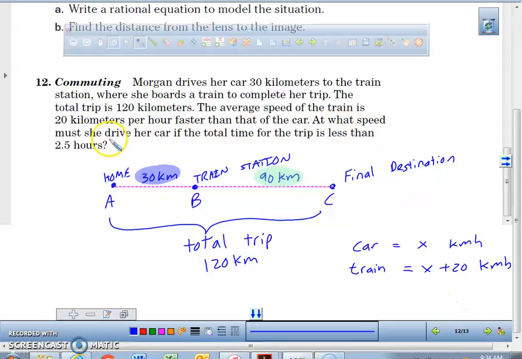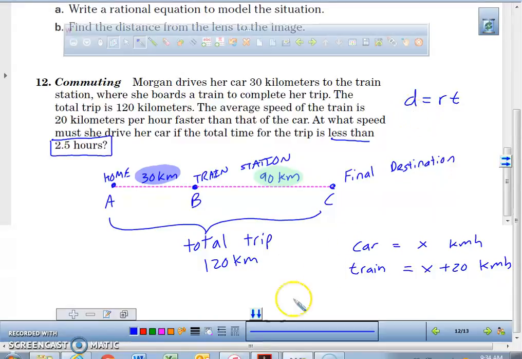At what speed must she drive her car if the total time for the trip is less than 2.5 hours? So it has to be less than 2.5 hours. Okay, so we need to go back to our formulas that we know are true. Distance is always equal to rate times time.